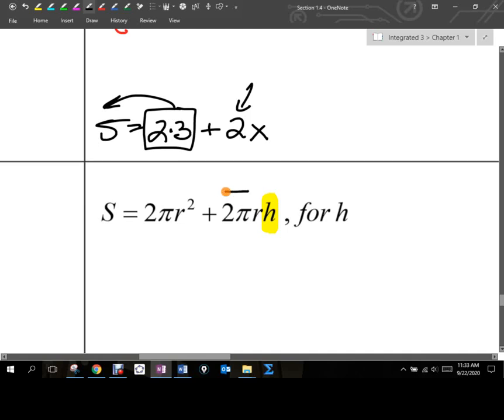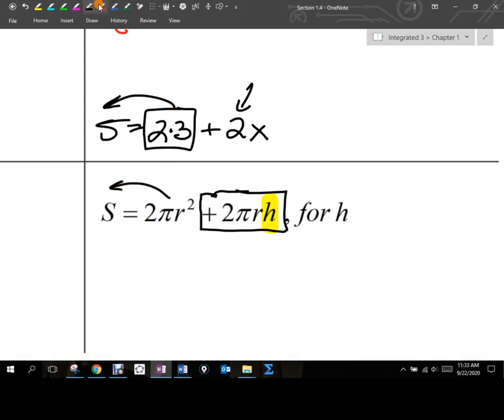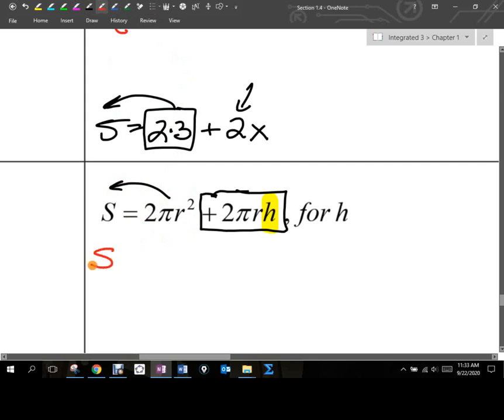So that's the same thing here. We need to isolate that term first before we can even isolate the variable. So let's get this thing, the 2 pi r squared, to that side. So how do I get that to move across to the other side? Remember here, r is going to be a number, pi is a number, so this is just a numerical value.